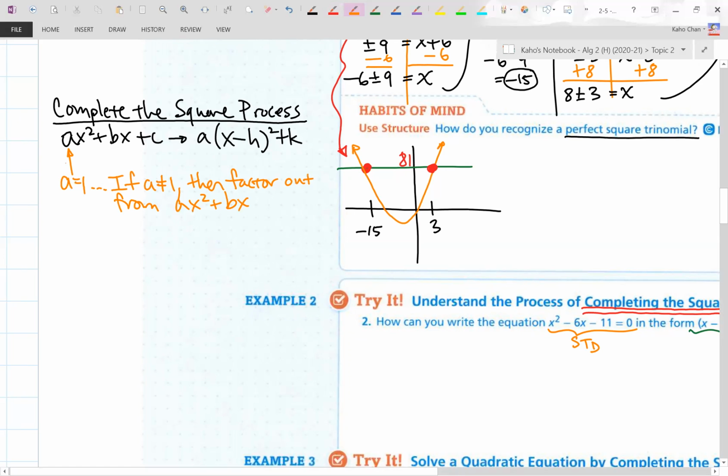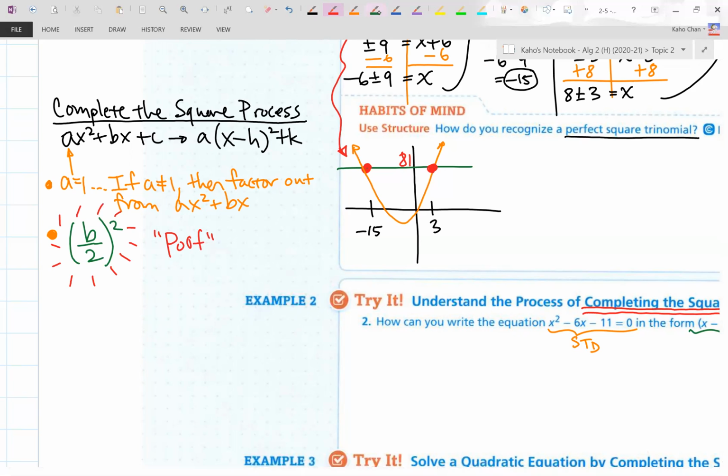Second step, I want you to take half of the b term and square it. Poof. That's called completing the square. And when you complete the square, it creates a perfect square trinomial.